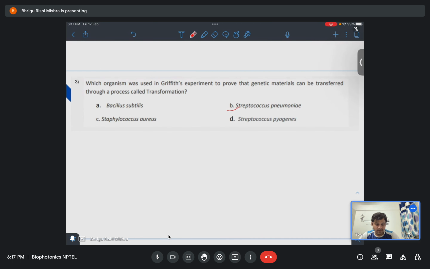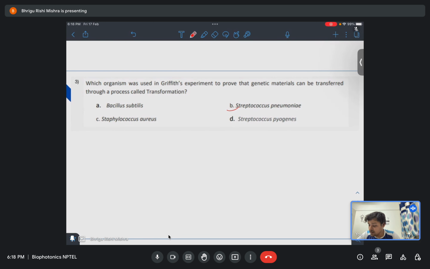Griffith was doing the experiment, I think, post World War I. He was in search of a vaccine for pneumonia, because at that time pneumonia was a very deadly disease and a lot of people were dying.